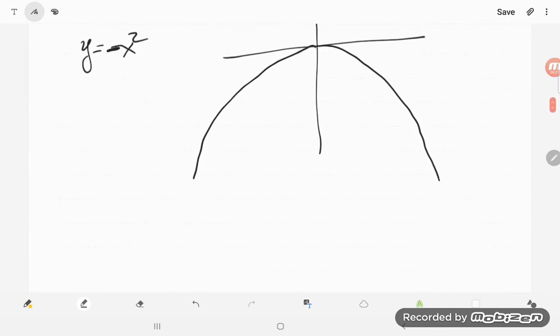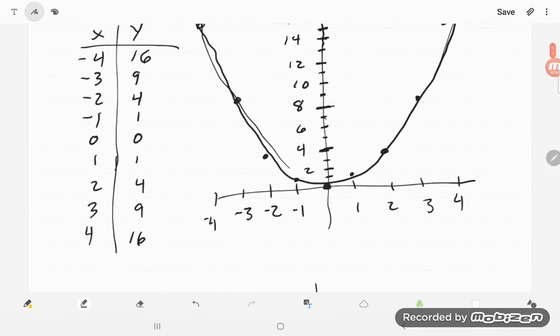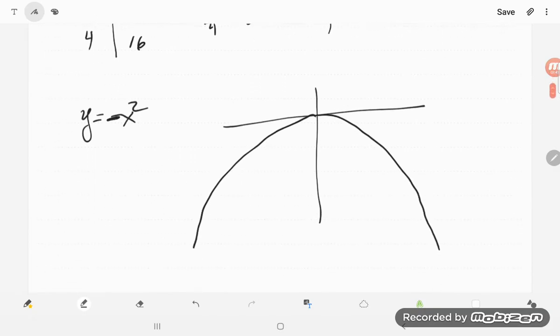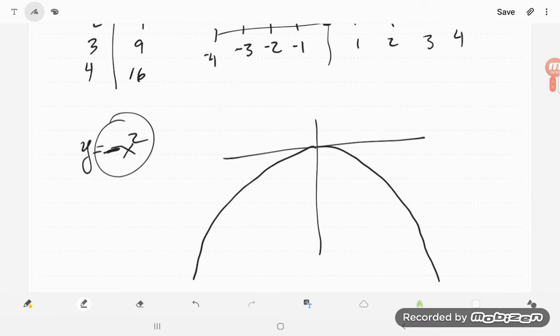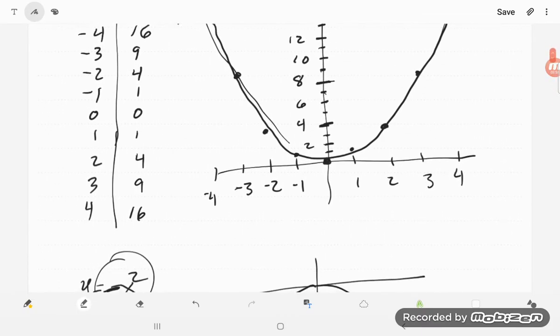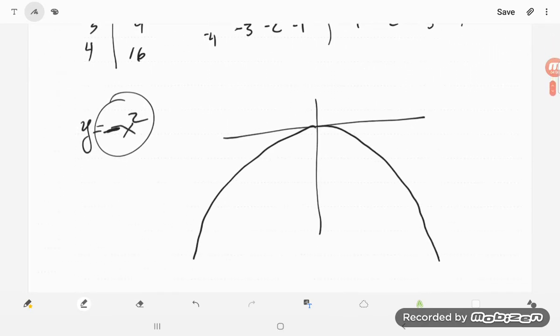And so that's one thing: if we need to model something opening up, we're going to want a positive on the x squared. If we want to model something opening down, we're going to need a negative on the x squared. Now, beyond that, even though there are a lot of data that are quadratic in nature, they certainly aren't all going to look the same.